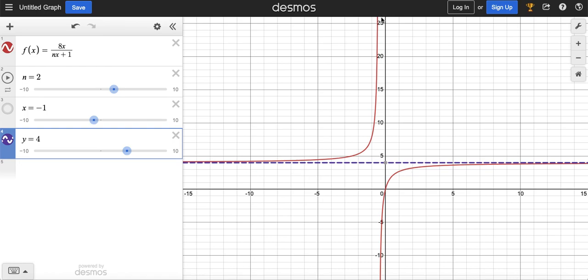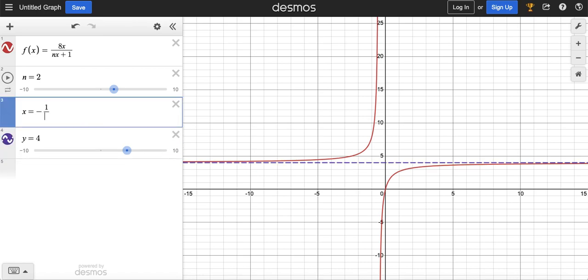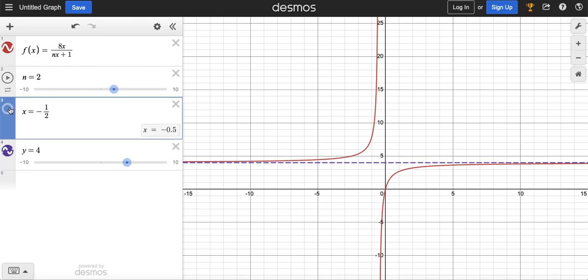And my vertical asymptote is going to approach x is equal to -1/2, and we can see that by graphing the line. So when n is equal to 2, my graph approaches the horizontal line y is equal to 4, and the vertical line x is equal to -1/2.